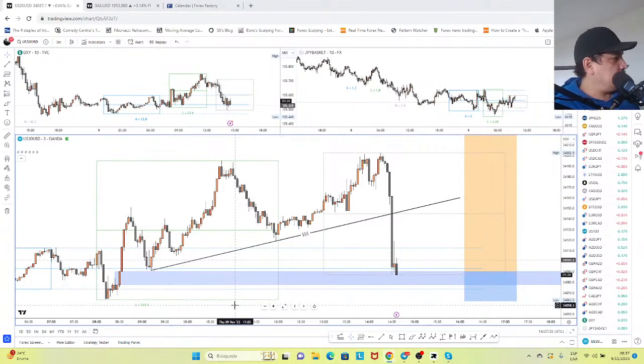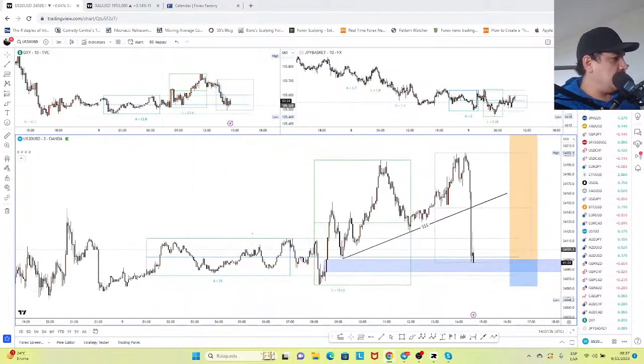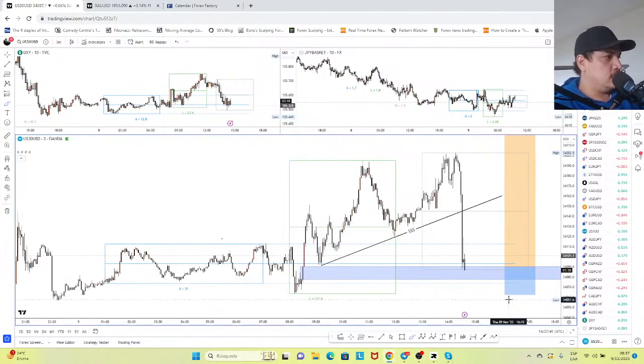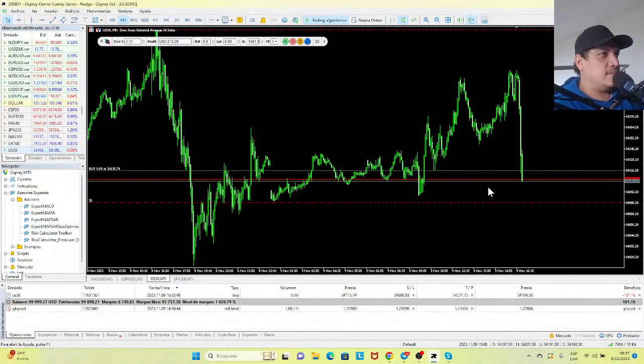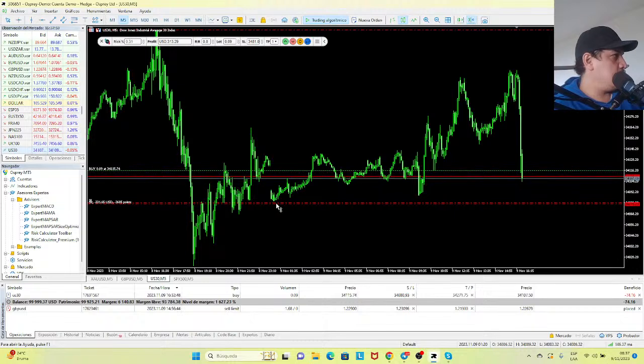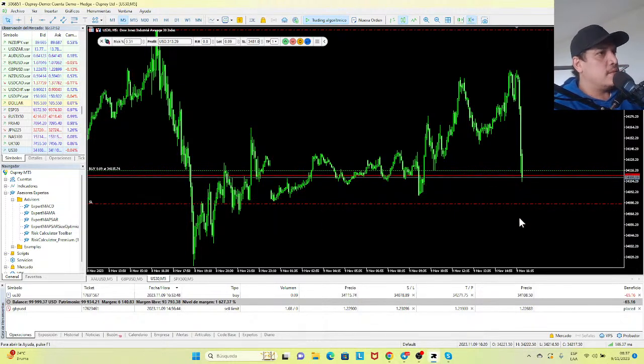My stop loss is below these lows right here. We have a big order block here.